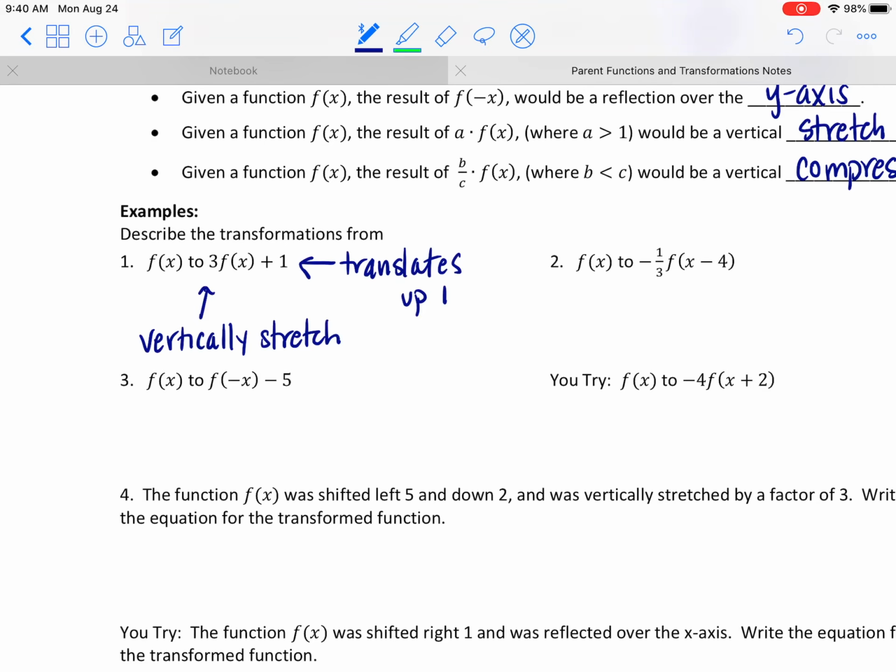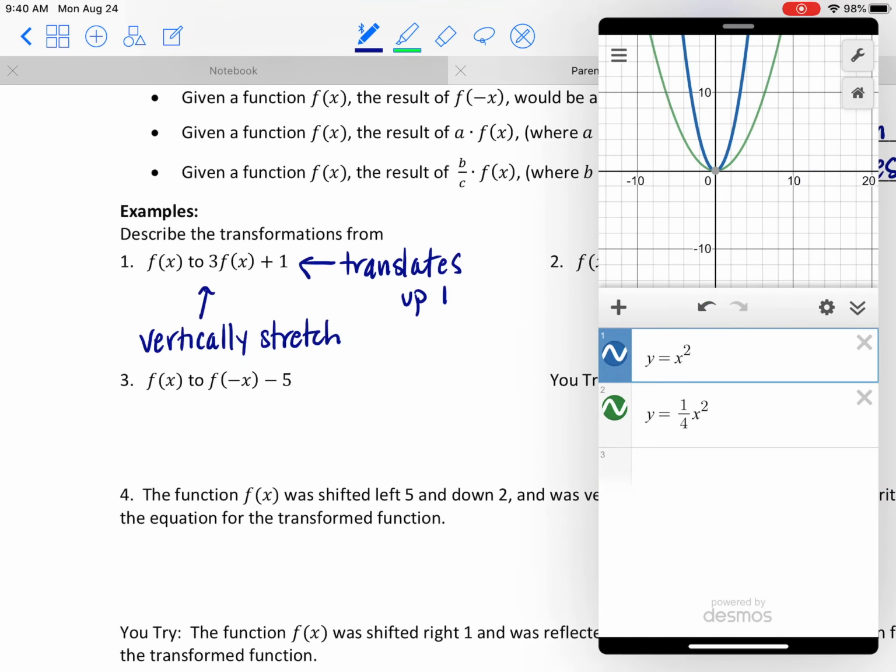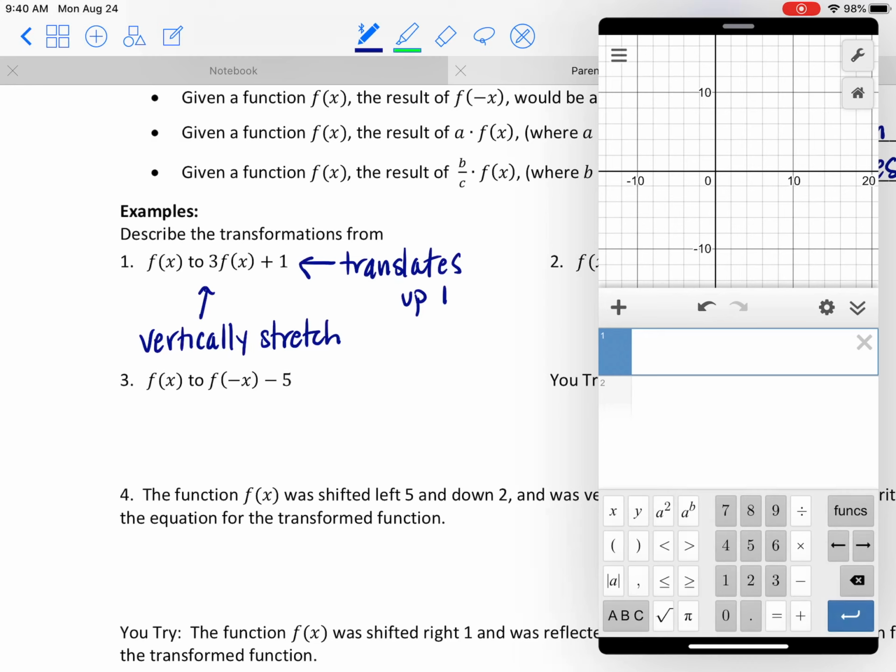Okay, so again, let me just show you. This is some generic, any function, but let me just show you with, again, let's say the square. So if I took x squared, there's my parent. If I took it and multiplied it by 3, what happens? It's skinnier than it was. Well, let me put them both in so you can see.